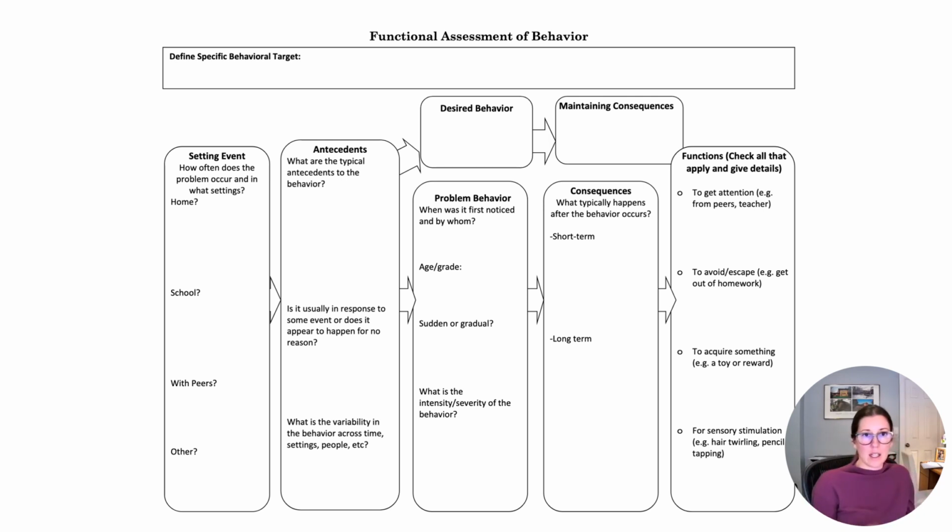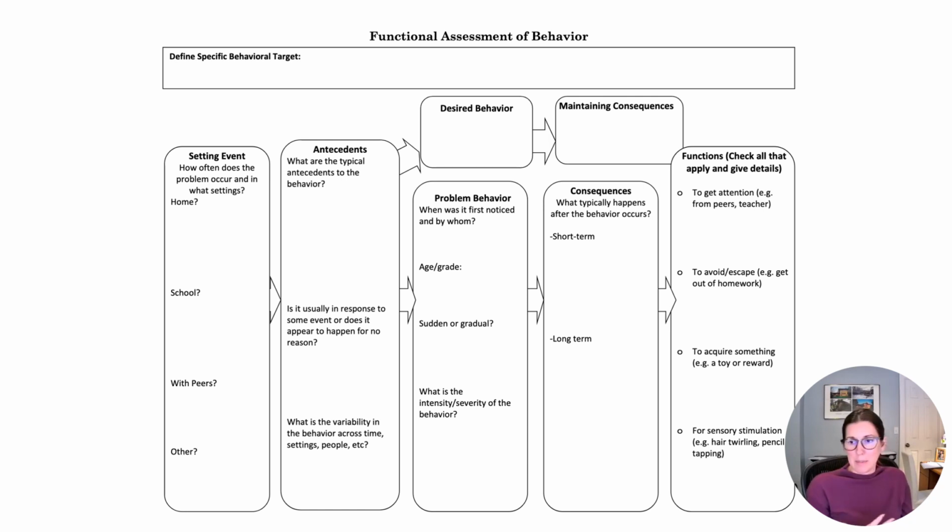The next column is the antecedent column. Now, I probably wouldn't use the word antecedent all the time with clients or with their caregivers, though sometimes I might. But basically what I'm trying to find out is, what's the before? So this problematic behavior is happening. What precedes it? What's happening right before? So are there typical things that occur right before the behavior?